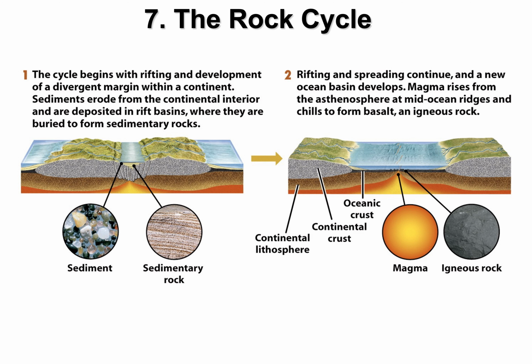So here, for example, we have a continental lithosphere, then the continental crust above, and between we have the oceanic crust. Beneath the oceanic crust we have magma, and this magma will start to crystallize, usually very fast because it is in contact with the water above, and then you are forming an igneous rock.